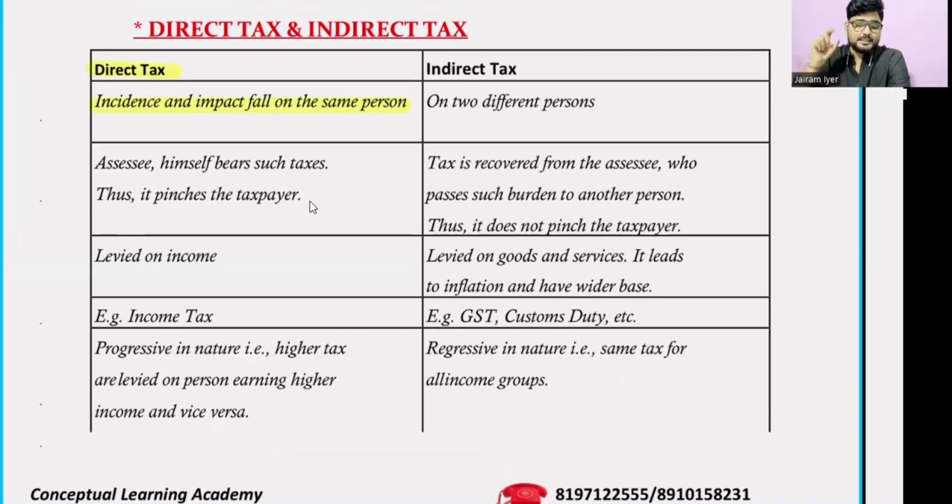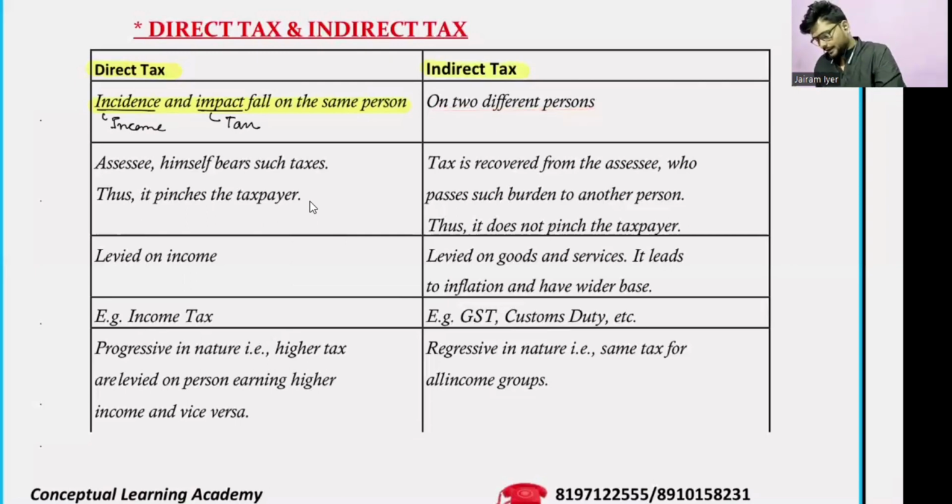With the incidence, I mean income, and the impact, I mean tax. Because if you earn the income, you are going to pay the tax. So the incidence and impact fall on the same person. But similarly, if you talk about indirect tax, here it falls on two different persons. Correct.